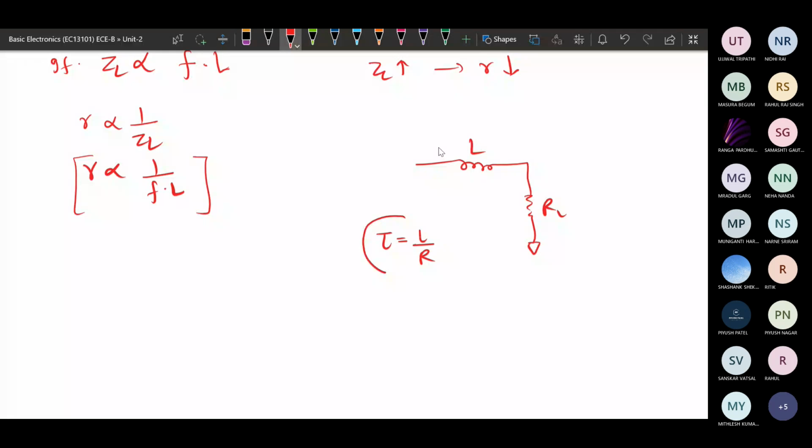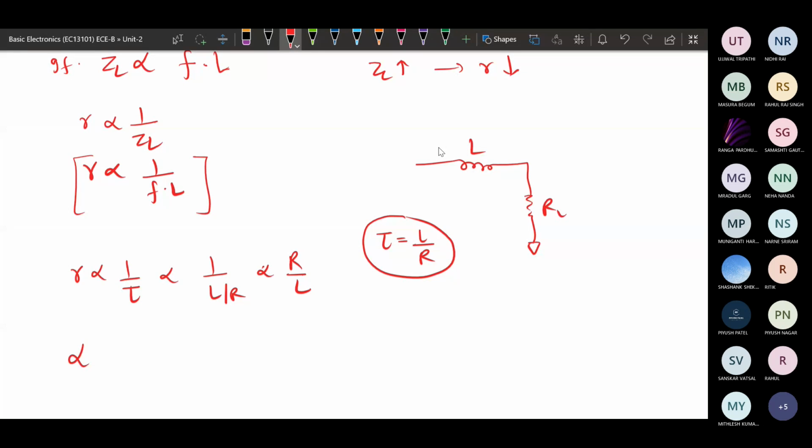Also, the ripple factor is inversely proportional to the time constant. So from this we can say it will be L by R, or we can call it R by L. So the ripple factor is directly proportional to resistance and inversely proportional to the inductor.